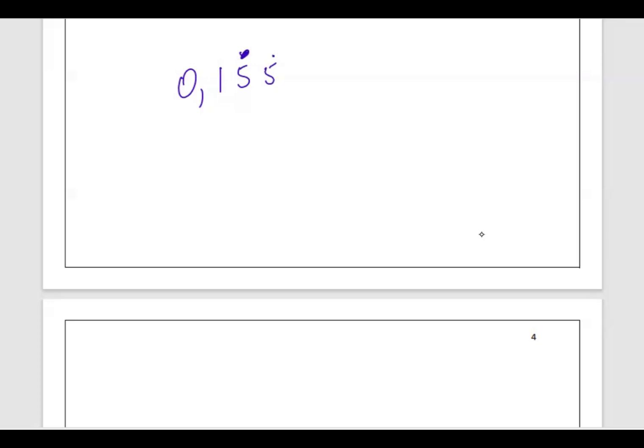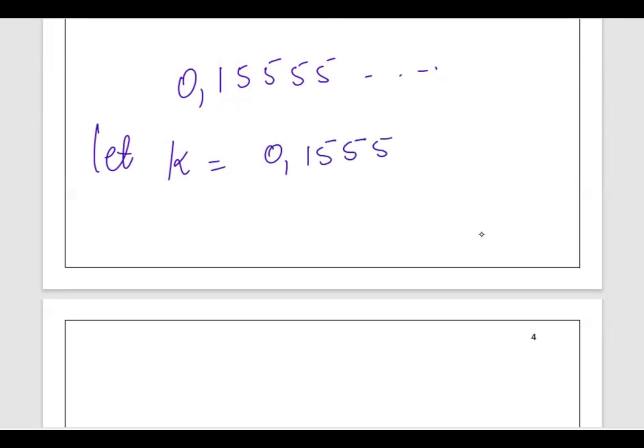In other words, let me remove those dots, this is going to be 0.1555 and so on and so forth. This is the question. So I'll use a K for now, let K be 0.155. I can say 5 as well. I'll call this equation number 1.